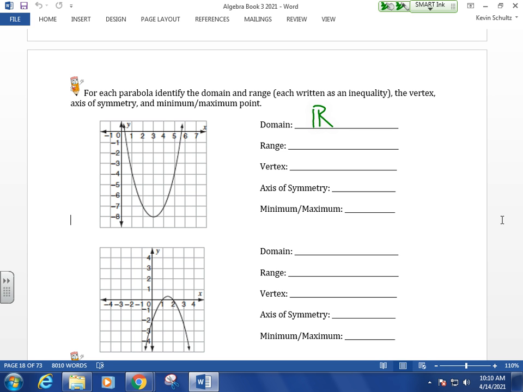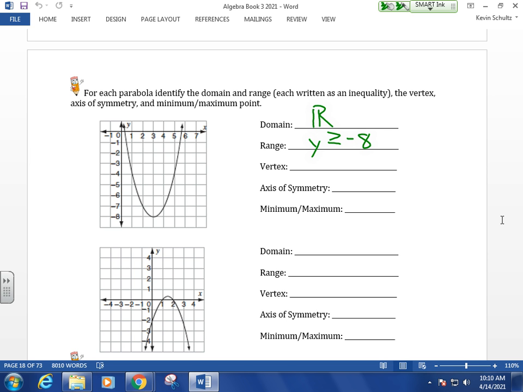How about the range? What y values are or will be included here? Would it be y is greater than or equal to -8? Good. Y is greater than or equal to -8, right?